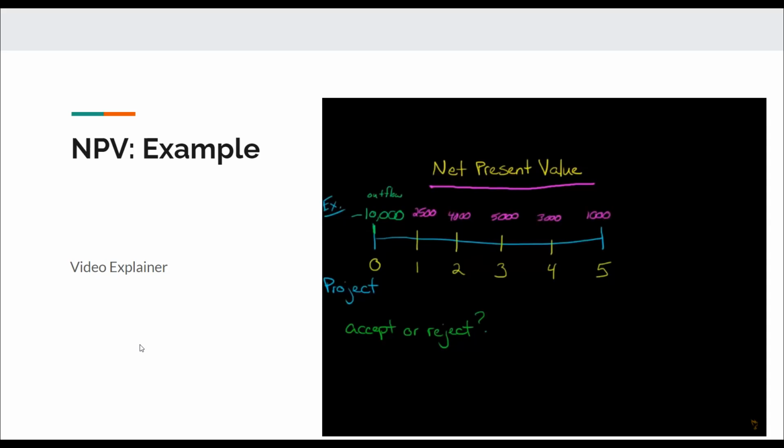So what we want to look at is the cash flows, and find a way that we can somehow account for the time value of money, because we know that $1,000 in period 5 is not worth $1,000 today, and we want to somehow net these cash inflows with the cash outflow. So how do we go about doing that?